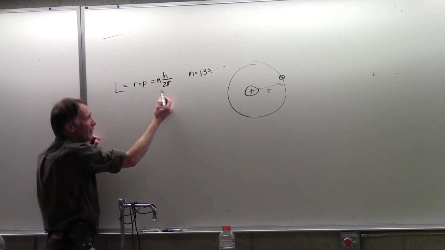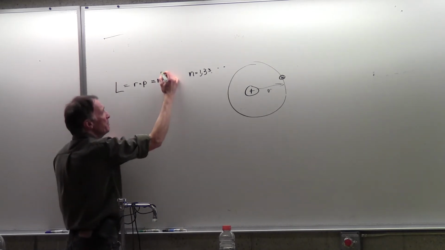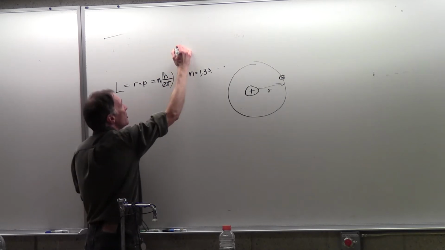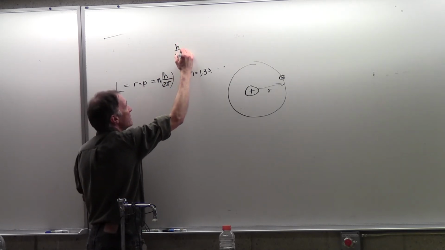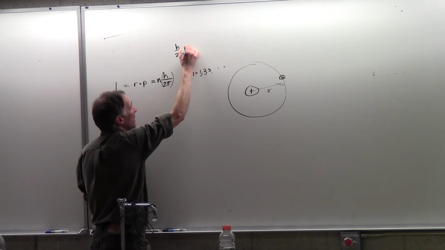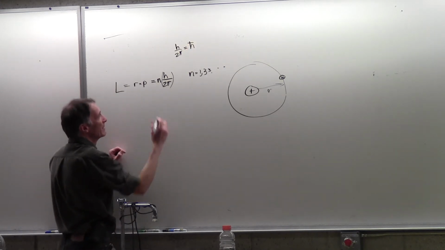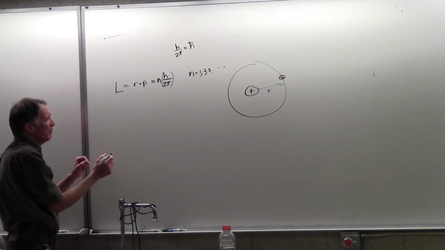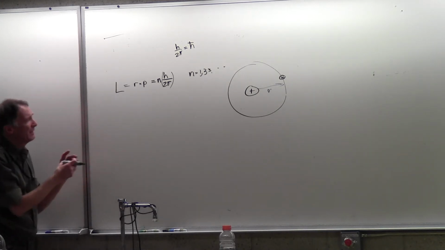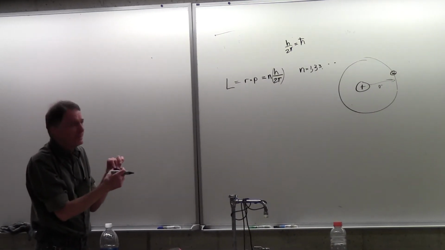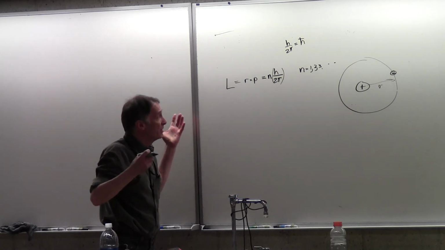Now it's kind of all off the wall. This pattern h over 2 pi shows up a lot. Sometimes you'll see it defined as h bar, so we don't have to keep writing it. But this was something that certainly wasn't very obvious, and it was just kind of off the wall.